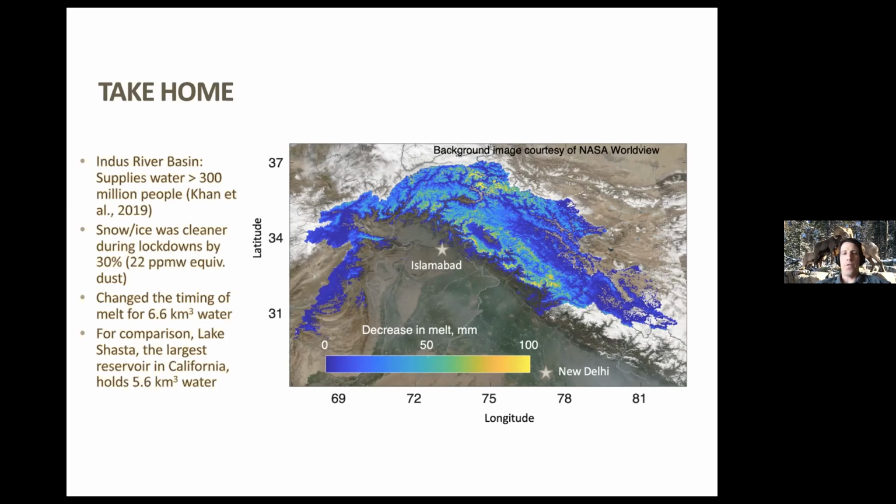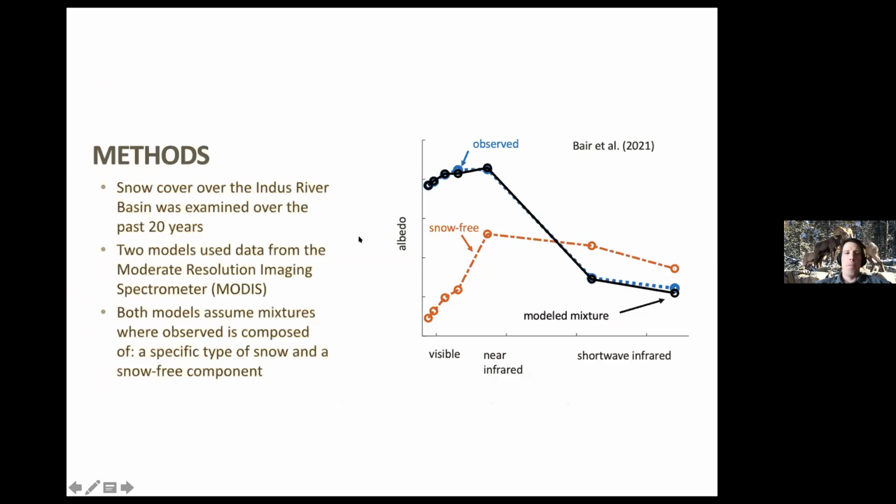For comparison, the largest reservoir in California is Lake Shasta, and it holds about 5.6 cubic kilometers of water. If you've ever been up to Lake Shasta, that's a big reservoir. It's not one of the biggest reservoirs in the country, but it's the largest in California, and it's a large reservoir. So it's a lot of water that was affected, we think, by the lockdowns.